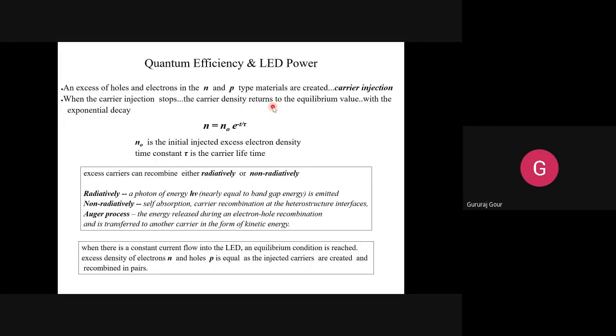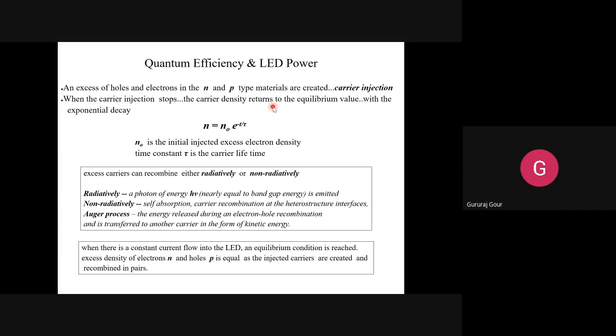Heterogeneous means the N type and P type layers you have seen, in case of surface or edge emitters, are made up of different materials. All atoms do not belong to the same material; they belong to different materials. That is a heterogeneous structure.